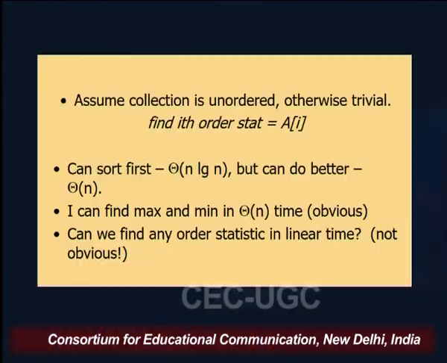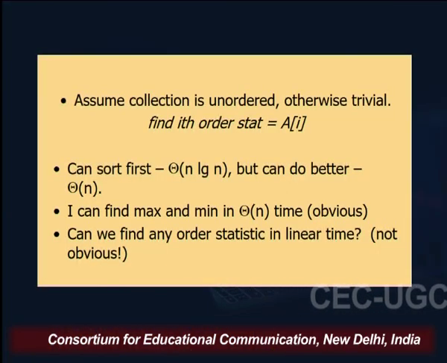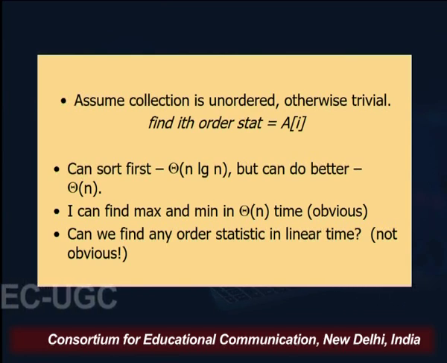We will be looking into some trivial naive algorithms for this as well. The question comes up with this third case, which says, can we find any order statistic in linear time? Yes, we can do that, but although it is not very obvious, till this point we have not seen any algorithm regarding this.